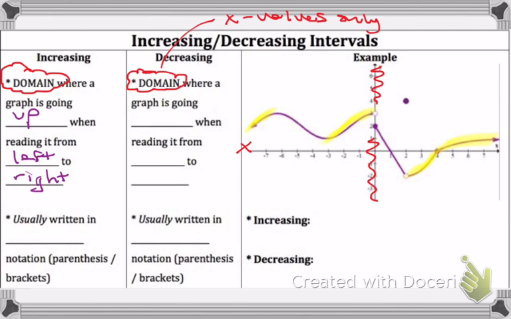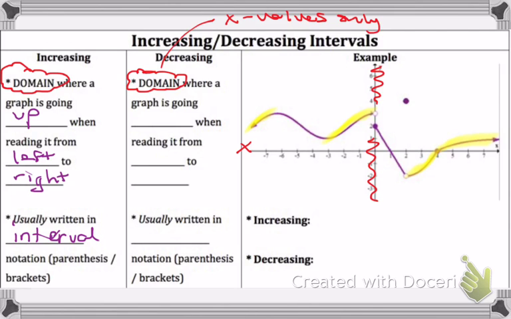It's just increasing slower on that end. This is usually written in interval notation. Sometimes we use inequality, but let's leave that off.